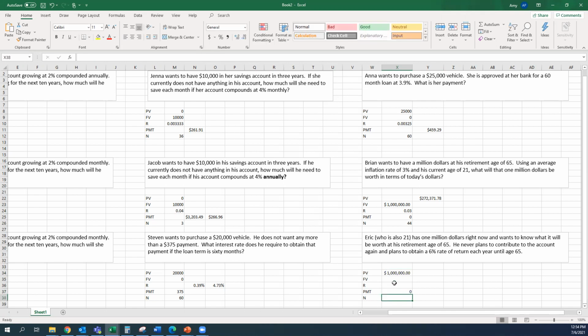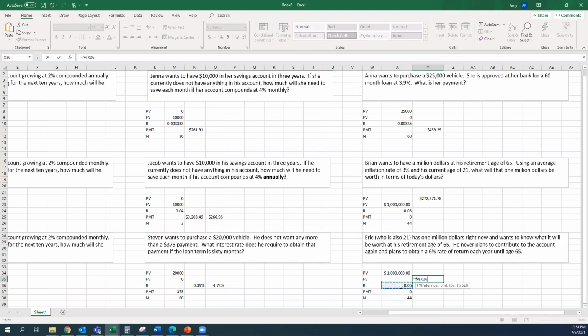And he plans to obtain a 6% rate of return each year until age 65. So again, what are we going to use for our NPER? Well, he's going to retire at age 65 and he's currently 21. So we're going to take 65 minus 21, gives us 44 years that this money is going to be able to gain interest. So we're going to find our future value.